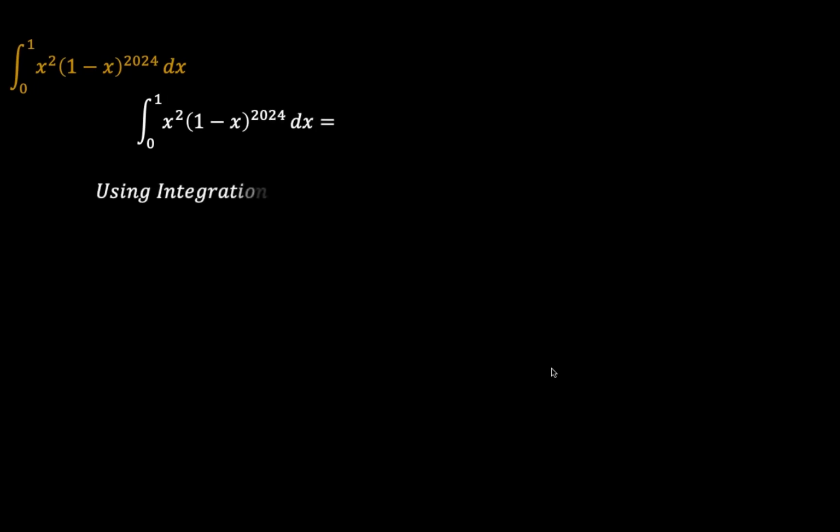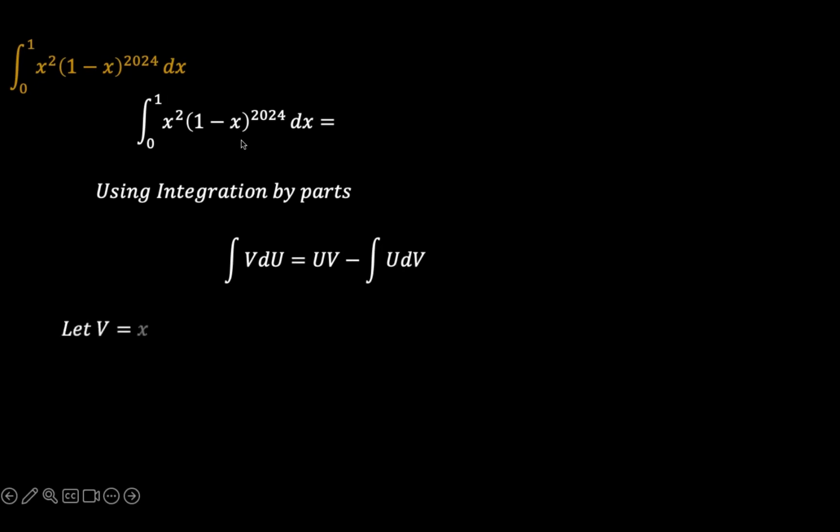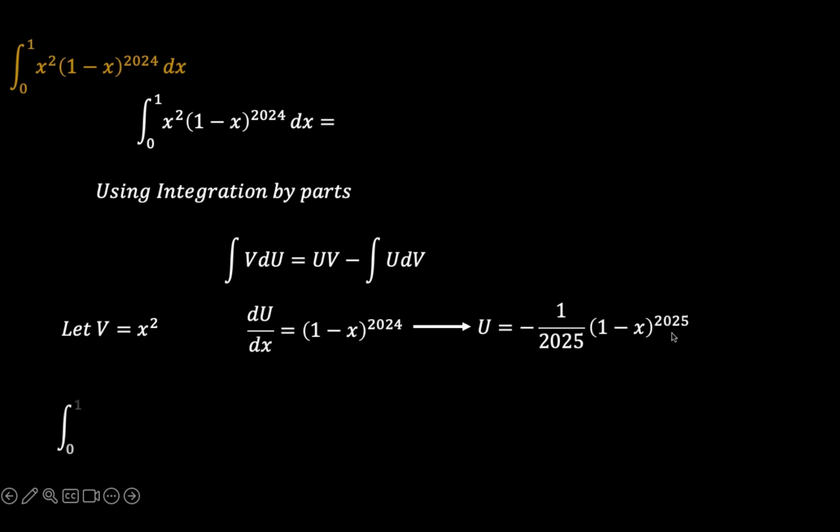So what you do is, as I said, use integration by parts, where if you have a product of v du integrated, that would result in uv minus the integral of u dv. And so for this problem, if we consider v to be x squared and du to be 1 minus x to the power 2024, then u is negative 1 over 2025 times 1 minus x to the power 2025.